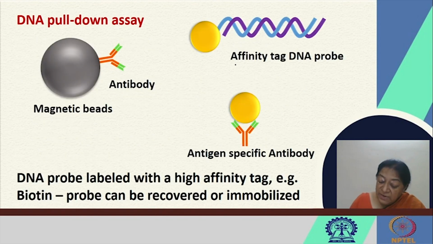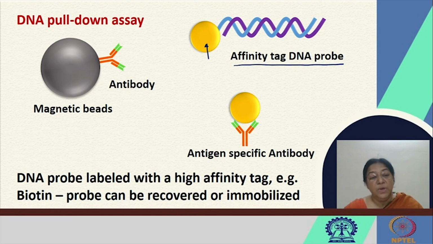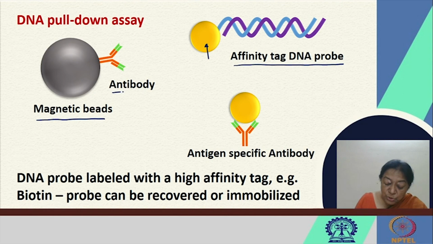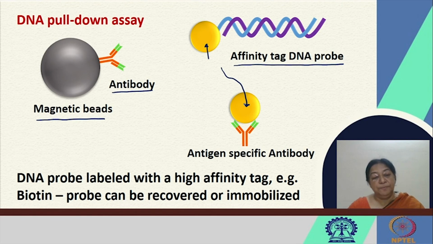So if we have an affinity tag DNA probe, so here is our affinity tag DNA probe, we have magnetic beads bound to the antibody, and this is where we would have the antigen specific antibody.